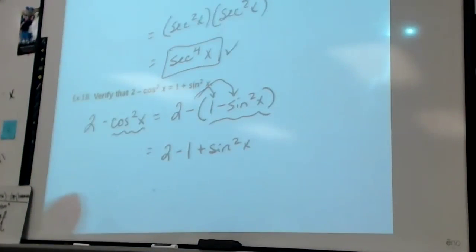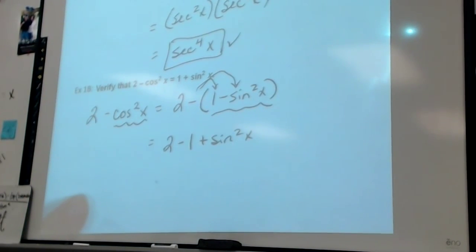Now what's 2 minus 1? It's 1. So I get 1 plus sine squared x, and that's what I needed to prove. So I've just proved it using my identities.